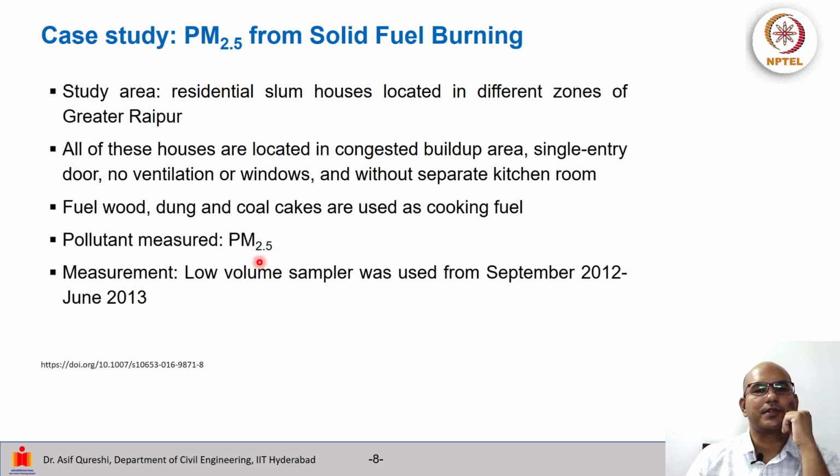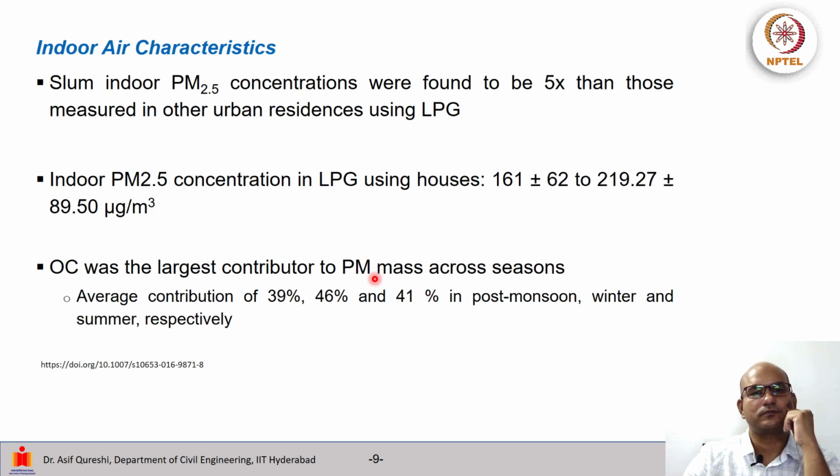The researchers measured PM 2.5 using a low volume sampler. In general, the indoor PM concentrations in the slum were found to be 5 times those measured in other urban residences which were using LPG.